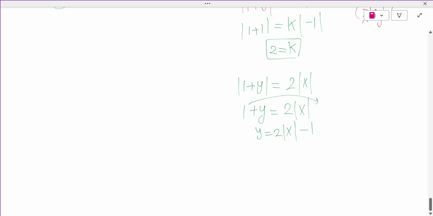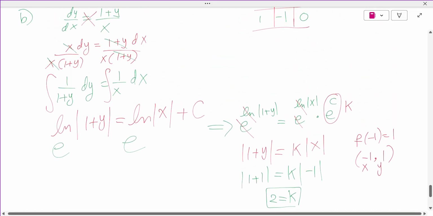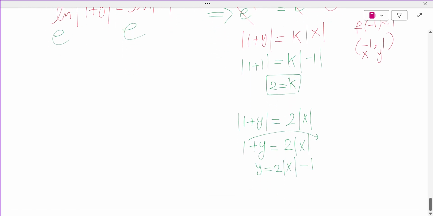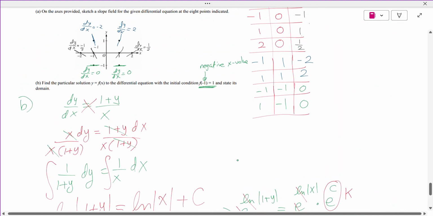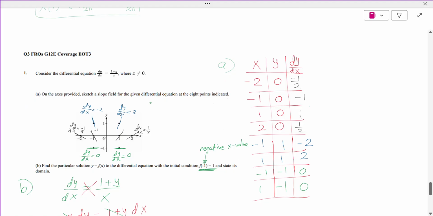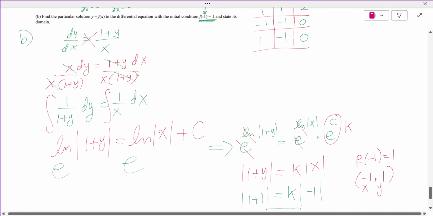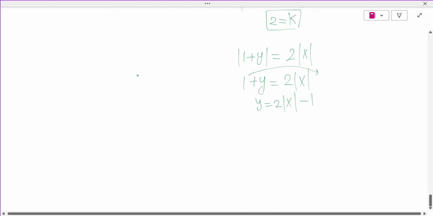So if you look at the initial condition on top, the domain here will be all real numbers except the one excluded originally in the question, which is 0. So x should not be 0 because on top here it's excluded, right? Now because the initial condition is negative, we must consider the negative domain, the negative x values.